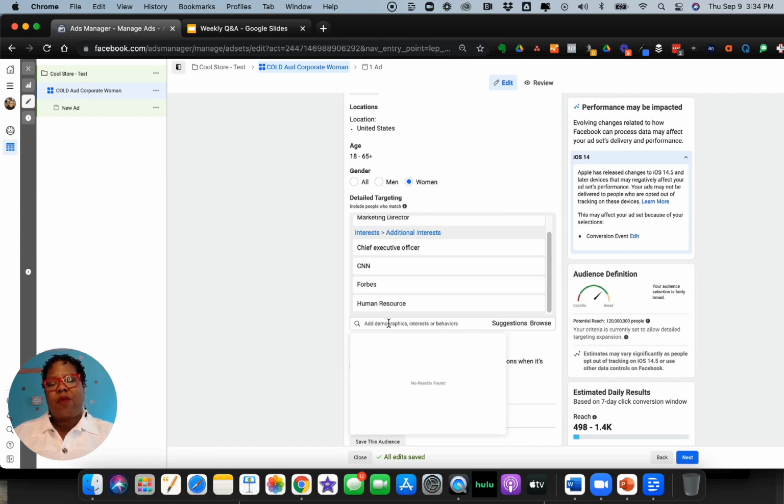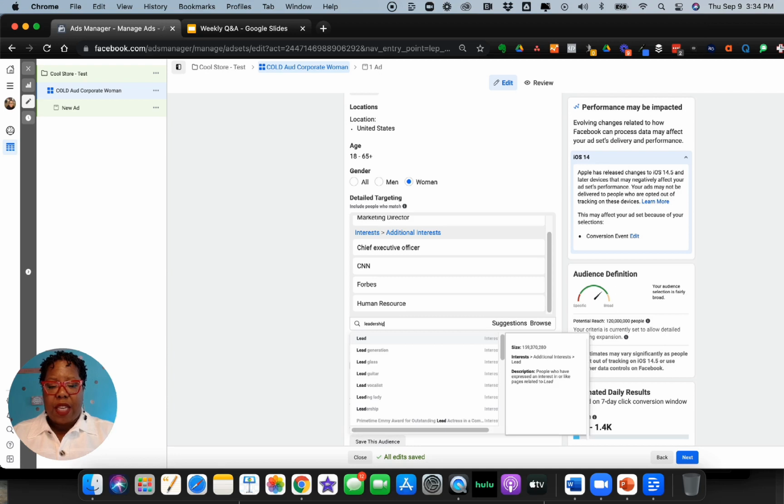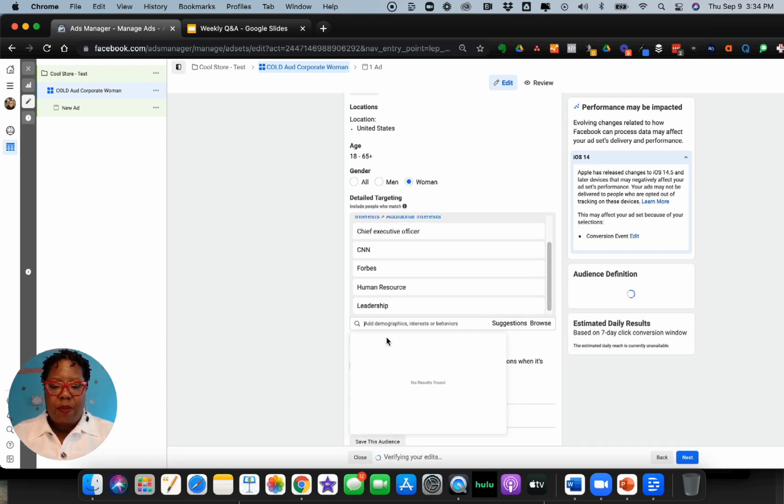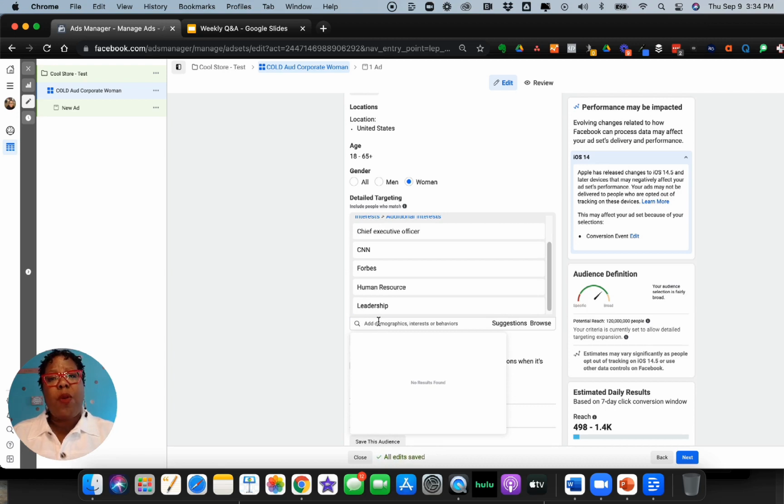What I mean by platforms is, you want to think of some of the groups that Facebook has that she could be a part of. For example, is she into leadership committees? What leadership groups are out there that she can be interested in? Are there people that she follows, because she aspires to be like, let's look up Oprah.